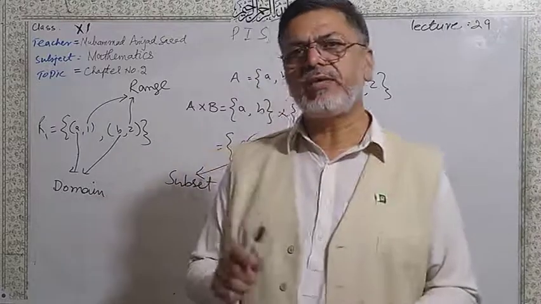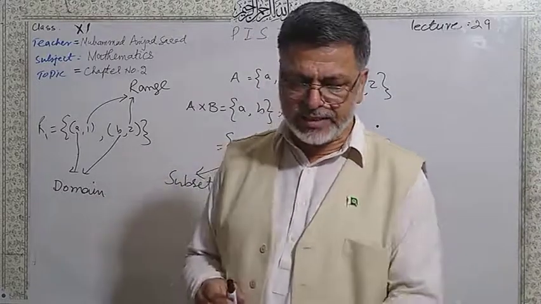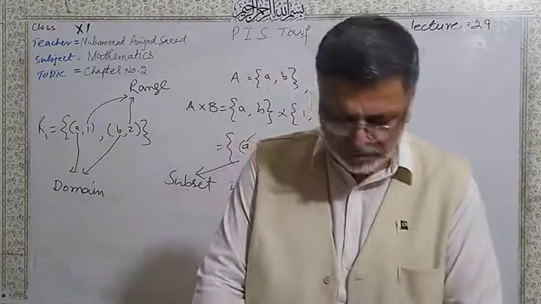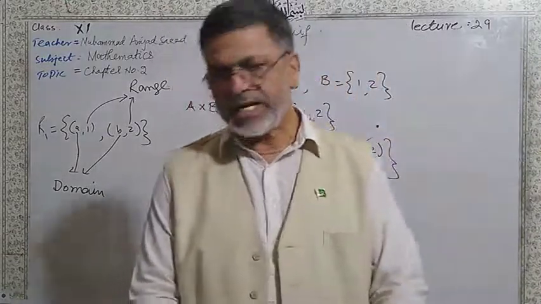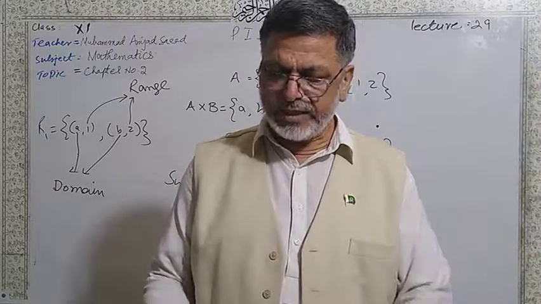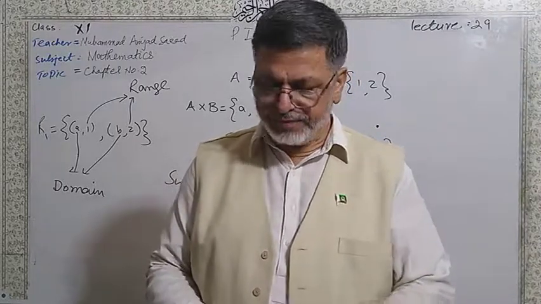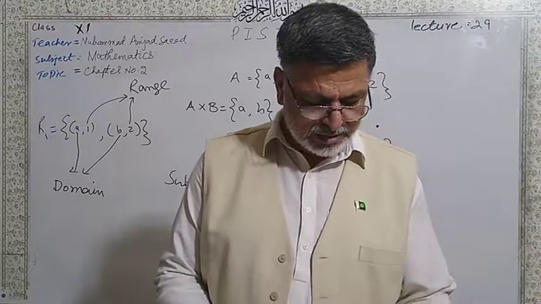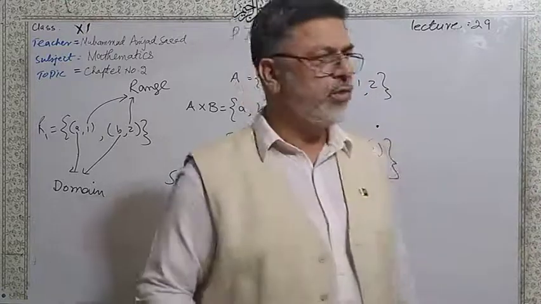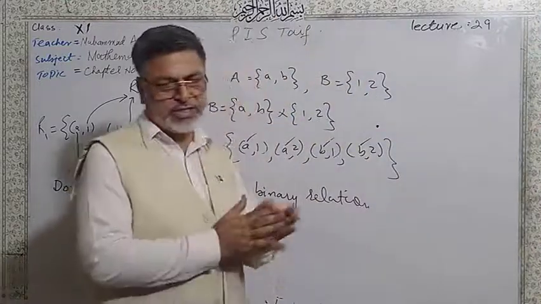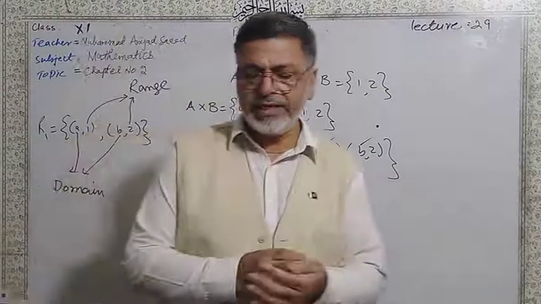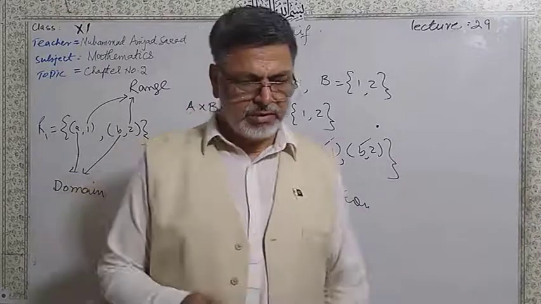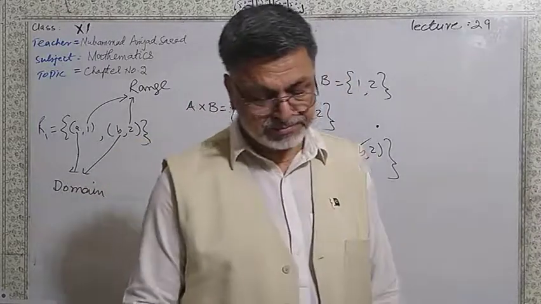If a function is one-to-one and into, that is known as injective. If the function is one-to-one and onto, that is known as a bijective function. So in this way, we will have our exercise 2.6. Inverse of the function means domain and range are interchanged; then the function will become the inverse of the function.